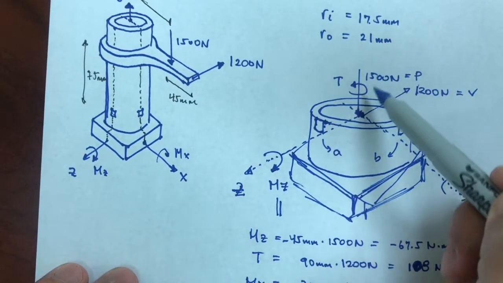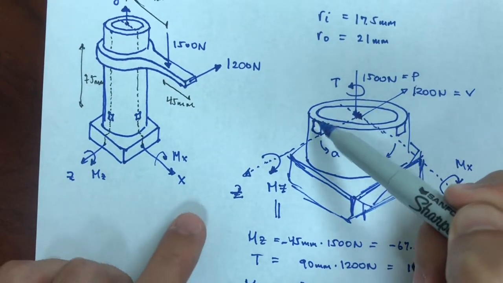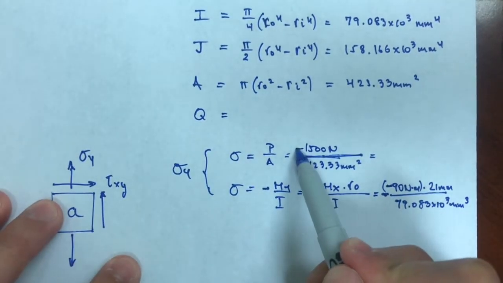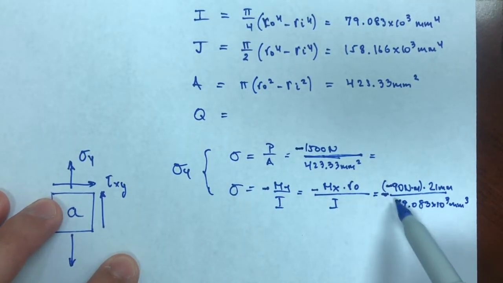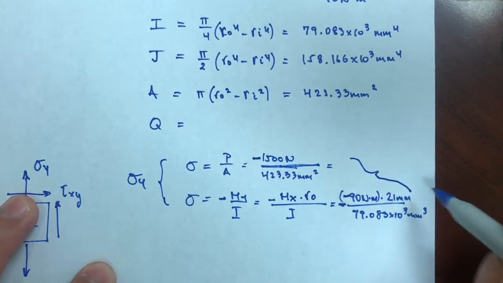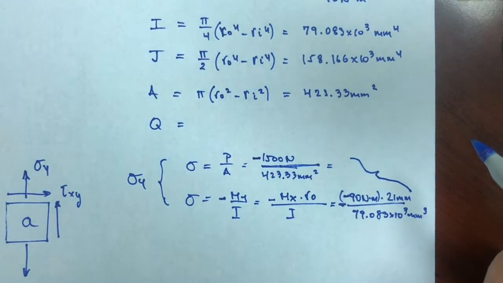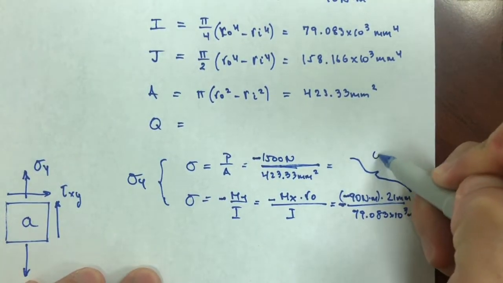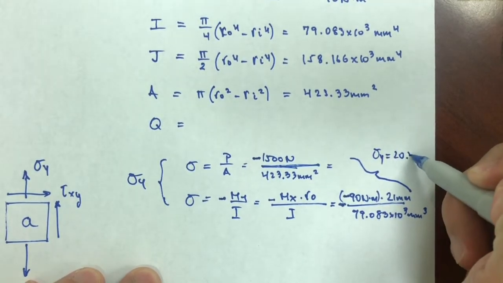But from the 1500 load, this would be under compression, meaning this has to be negative. So this does make sense, because this should be negative and this should be positive. And so putting these two together, I get a value of 20.4 megapascals.